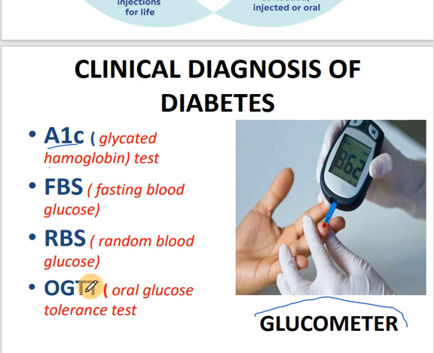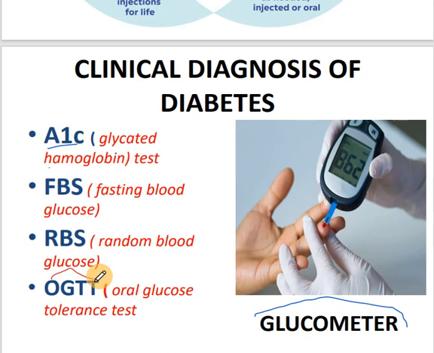The last one we can talk of is what we call the oral glucose tolerance test, OGTT. So for here, what happens is we normally allow the person to ingest glucose. So the person just eats glucose. Then when the person eats glucose orally, we take the person's blood samples and measure it for some period of hours. Let's say 1 hour, 2 hours, and 3 hours.